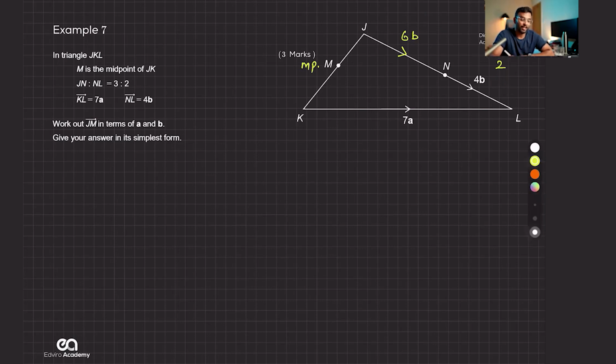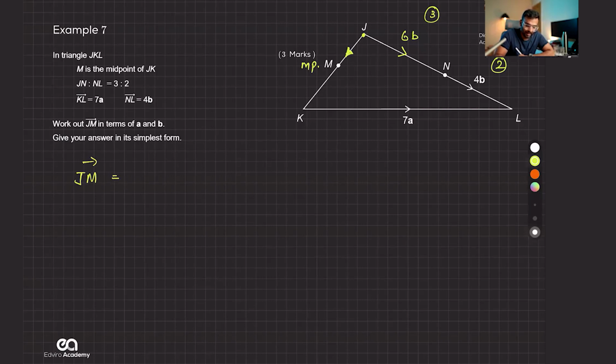So sometimes you are given it. If it wasn't given, of course, we would write it in a fractional form. So this is 3:2 fraction over there, okay? And it says KL is 7a. Work out JM. Where is JM? Just over there, J to M. How would you go with the pathway? This is a longer pathway.